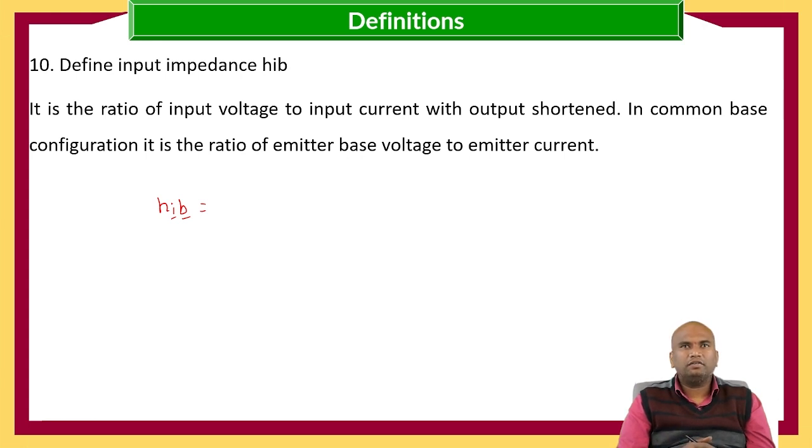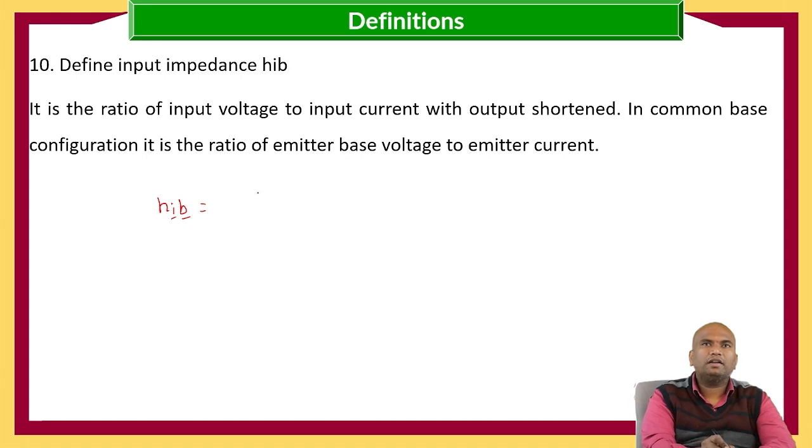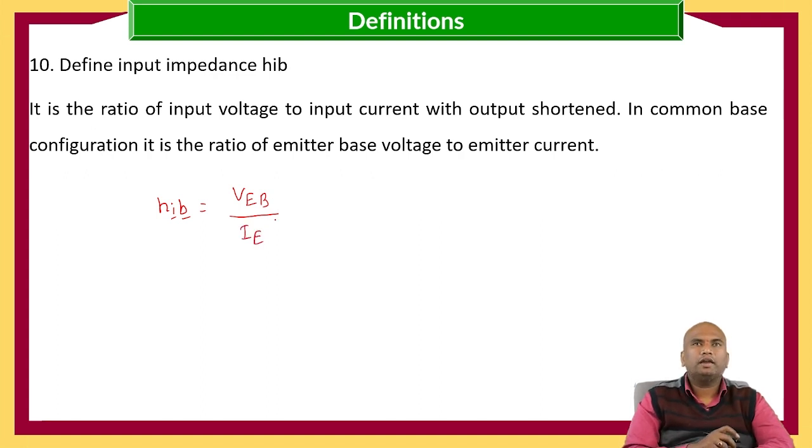In the common base configuration, it is the ratio of emitter base voltage to the emitter current. That is, here we are taking the common as the base, so it is the ratio of VEB to IE. This is called input impedance HIB.